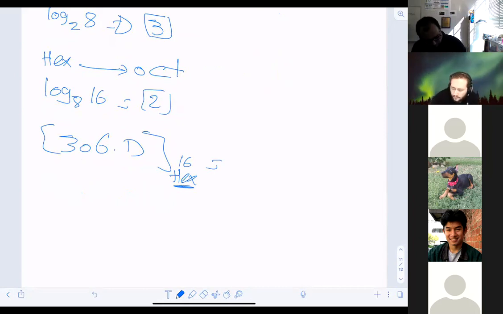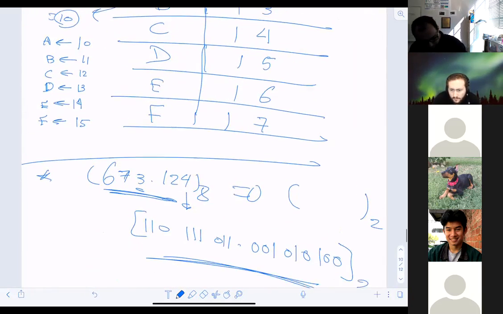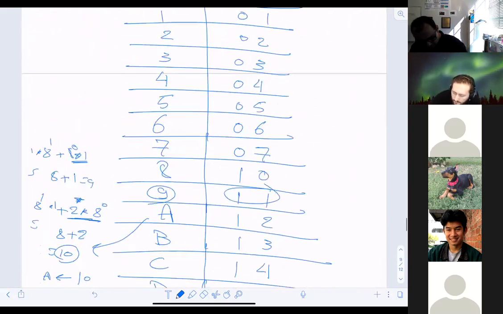So what I'm gonna do, D should be broken into 4 digits of binary, right? What is D? E is 14, D is 13, right? So 13 means 2 power 0, 2 power 1, 2 power 2, 2 power 3. So it's gonna be 1101, I believe. So it's gonna be this one.